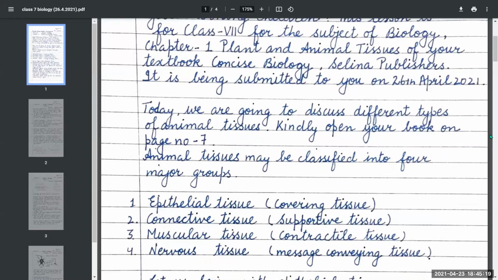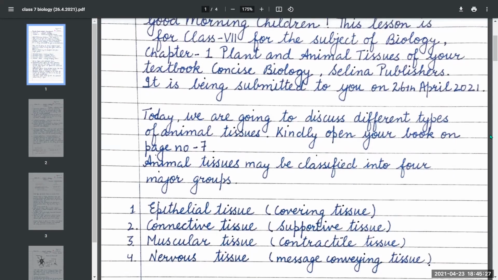Today, we are going to discuss different types of animal tissues. Animal tissues may be classified into 4 major groups. Number 1, epithelial tissue, which is a covering tissue.